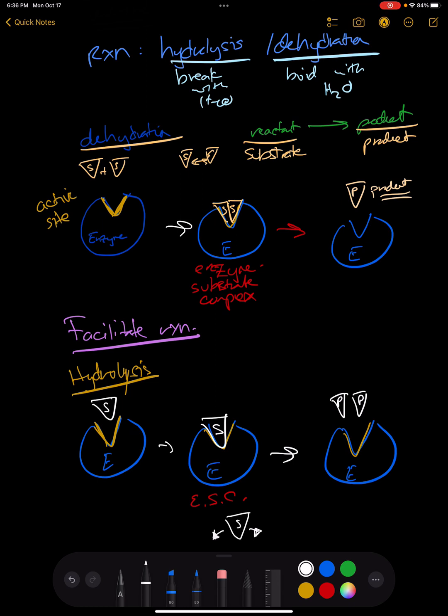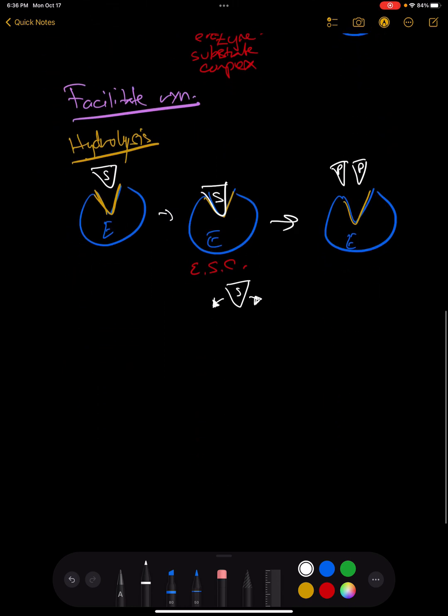So again, all the reactions that we've ever done, now we're just having a place for them to happen, right? It's kind of like a dating site almost. Let's say this person lives in LA, right? And then you have this person right here, this person lives in Texas.